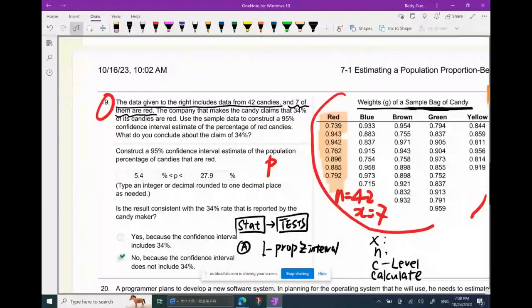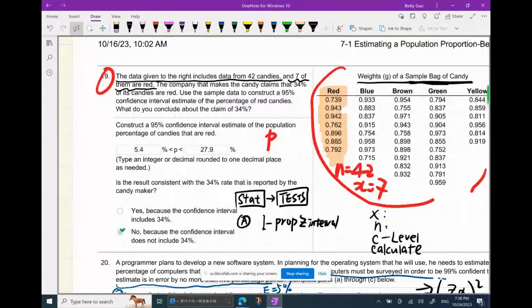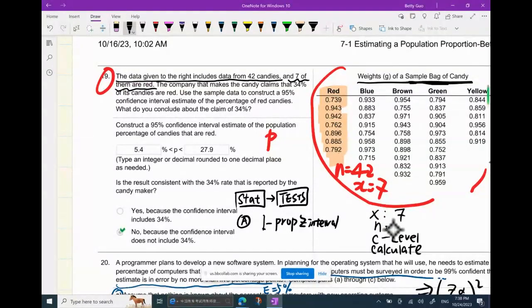Now you should see the menu, 1-PropZInt. For X, we should enter 7, right? For N, we should enter 42.